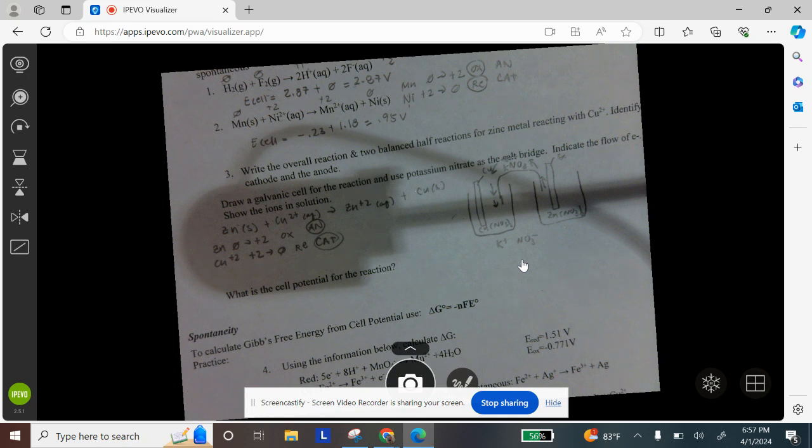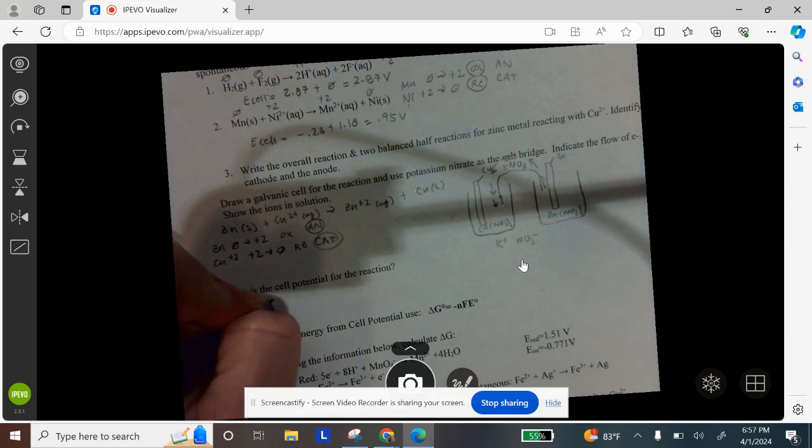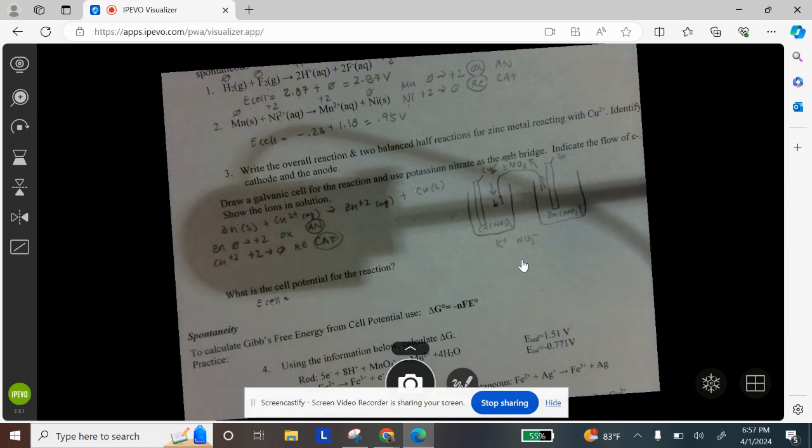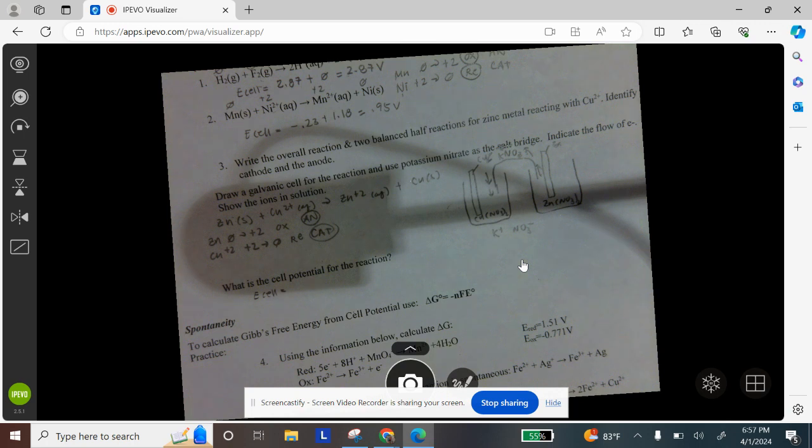Let's see. What else do I need there? Oh, I guess we can calculate our E cell. We didn't do that, right? Okay. So our E cell. If we look up, remember we're doing the cathode first.